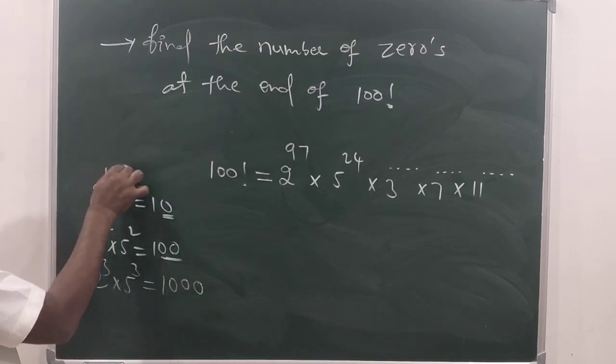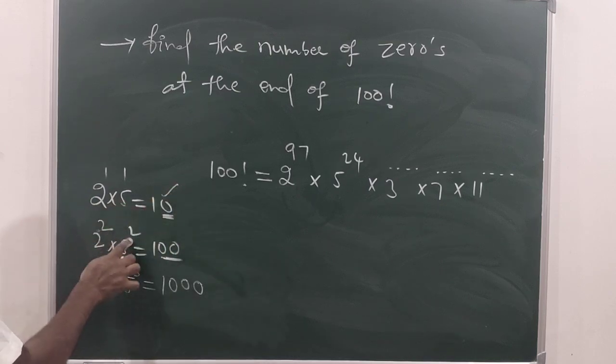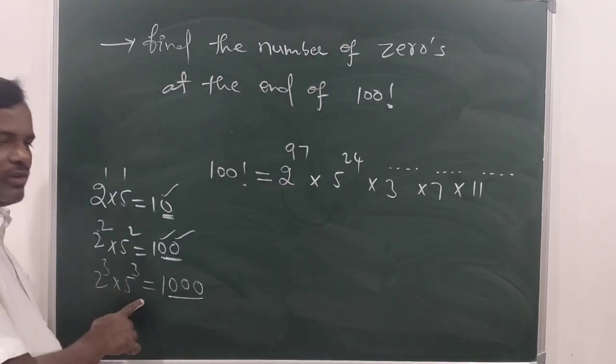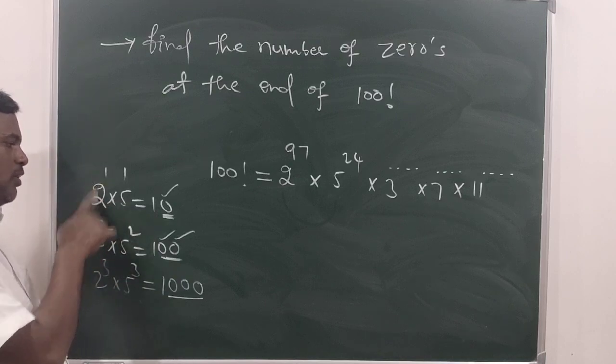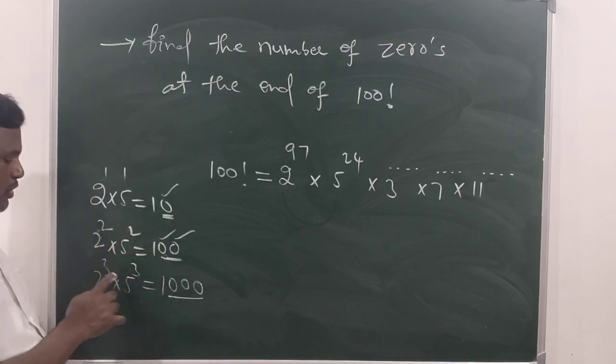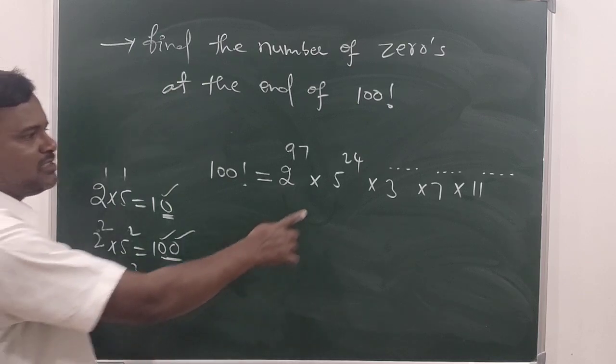So one 2 and one 5 give 1 zero, two 2s and two 5s give 2 zeros, three 2s and three 5s give 3 zeros, like this.